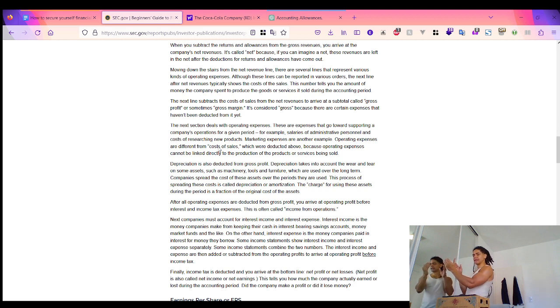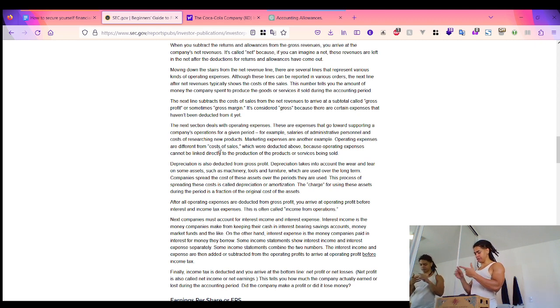And the next section deals with the operating expense. Expense that goes toward supporting the company operations for a given period.